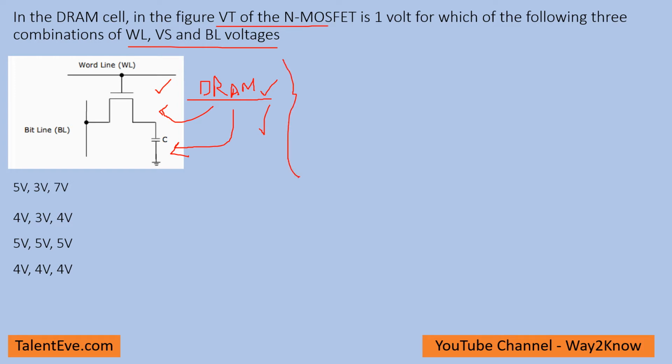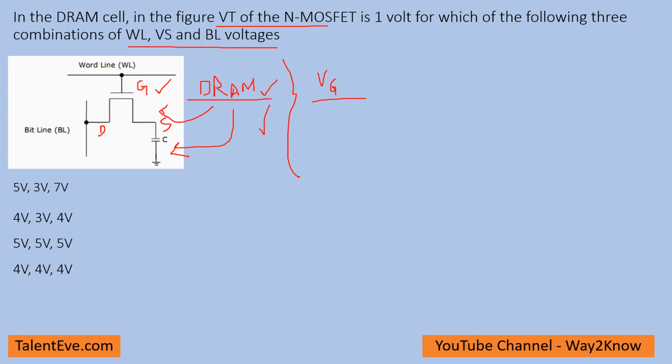Now here one point which we have to remember other than this DRAM data is a word line will be applied to the gate of the DRAM and a bit line is applied to the drain of the DRAM. So this is the drain, this is the gate and this is the source. Now one thing we have to remember is that this VG is used to control the MOSFET operation.